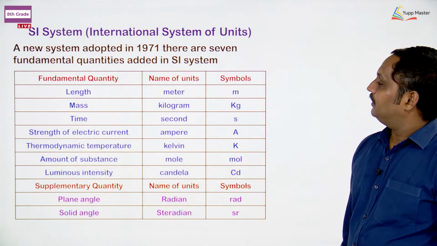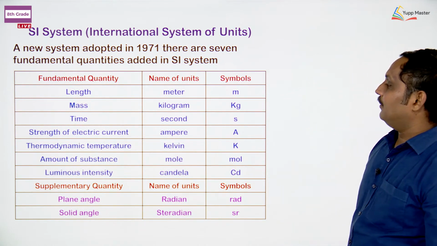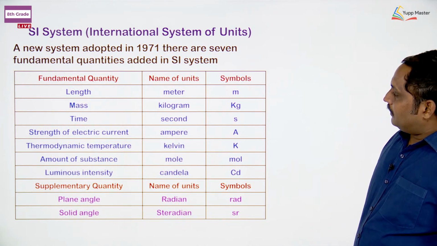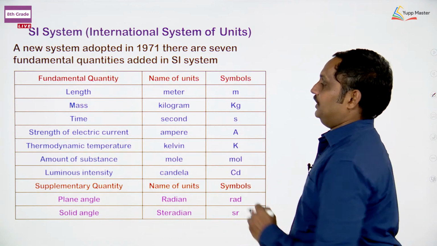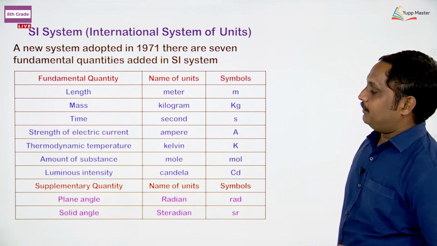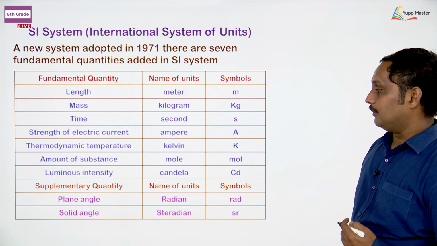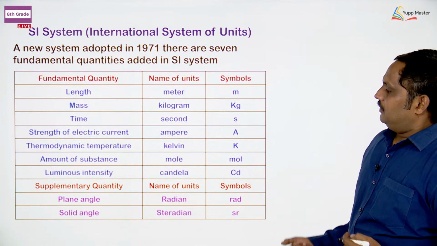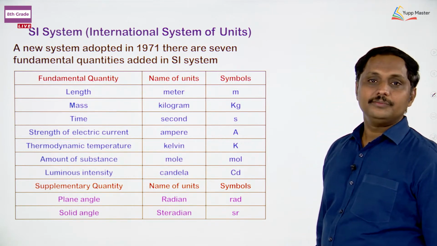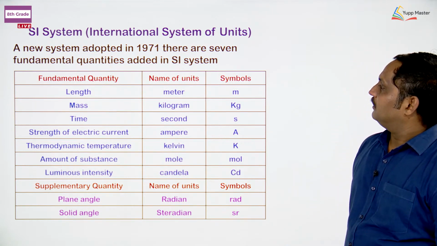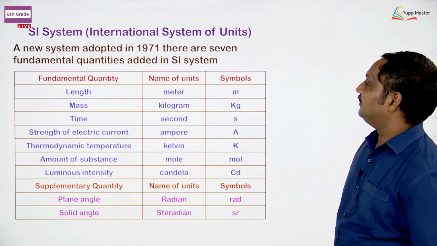There are fundamental quantities which are identified: length, mass, time, strength of electric current, thermodynamic temperature, amount of substance and luminous intensity. Supplementary quantities are also added, and around 1991 they were merged.